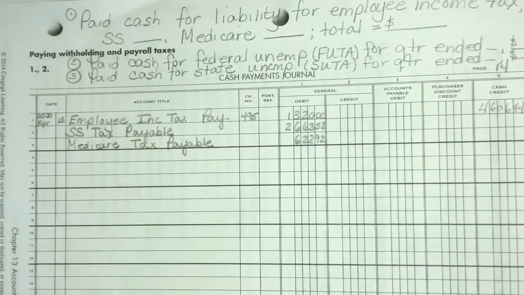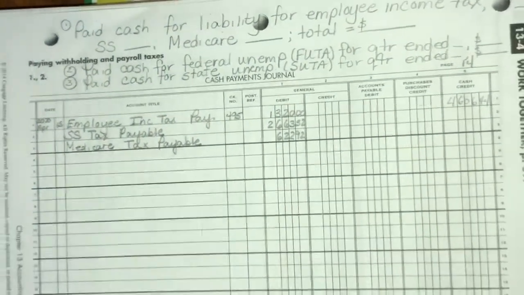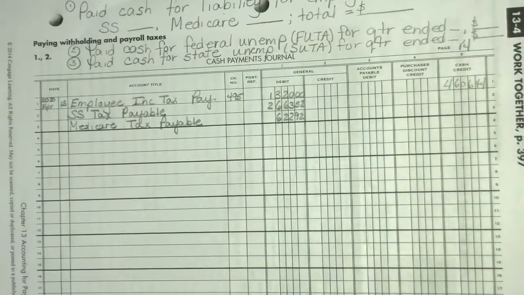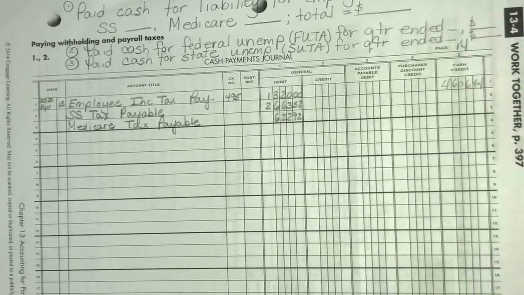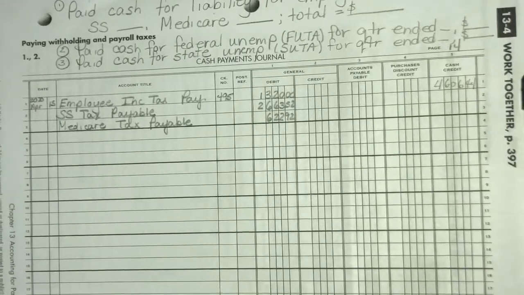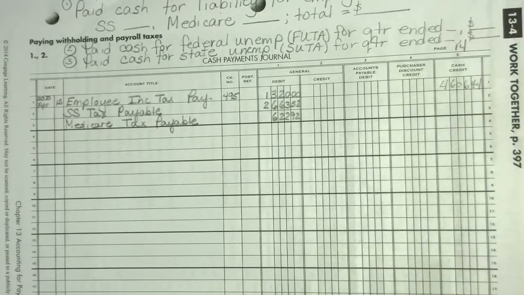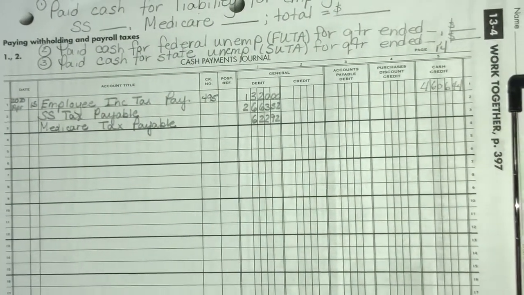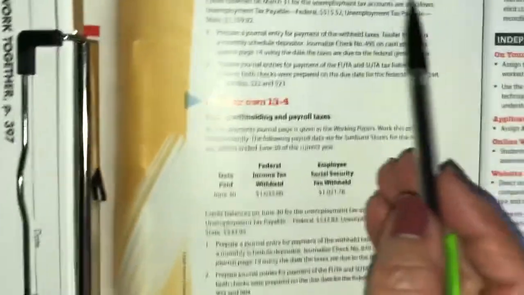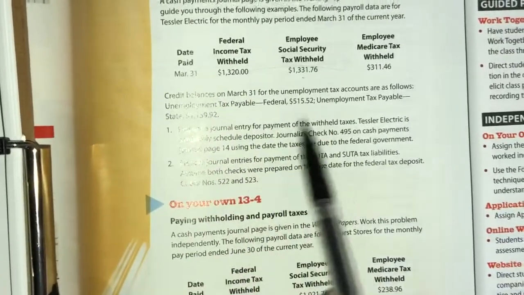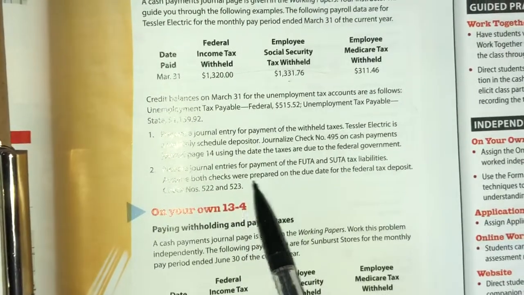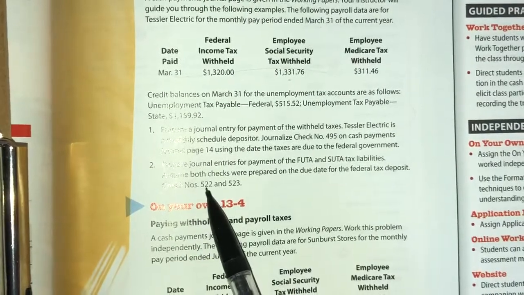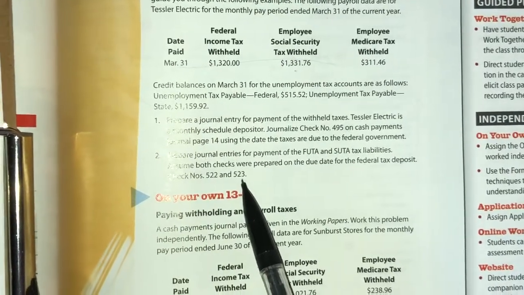Okay, next, they tell us to prepare journal entries for payment of FUTA, meaning federal unemployment tax, and SUTA, meaning state unemployment tax. And the liabilities were given to you in this section right here where it says balances. So you're going to get your amounts from here. Both checks were prepared on the due date for the federal tax deposit. And our check numbers are 522 and 523.